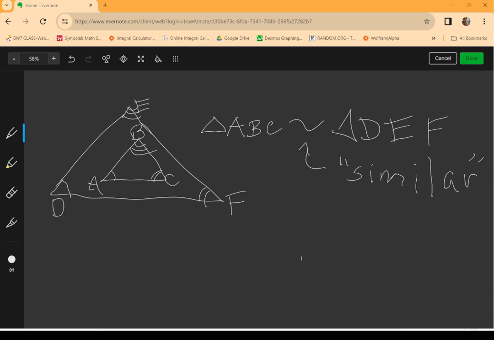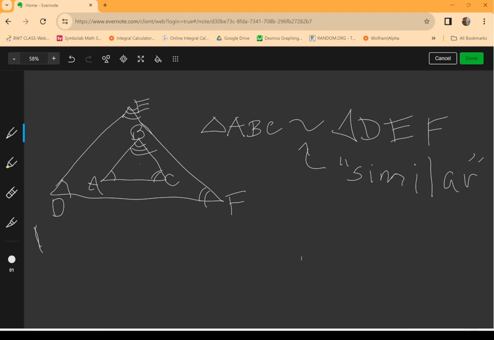So triangle ABC is similar to triangle DEF. When we say it's similar, what we're referring to is that all their angles are of equal measure. And in fact, in order to establish similarity, here's our theorem to establish that.